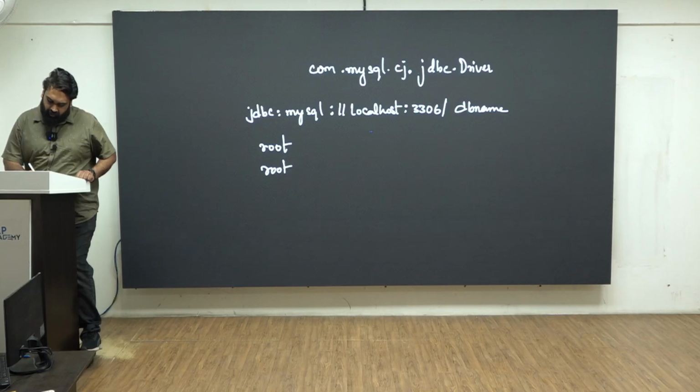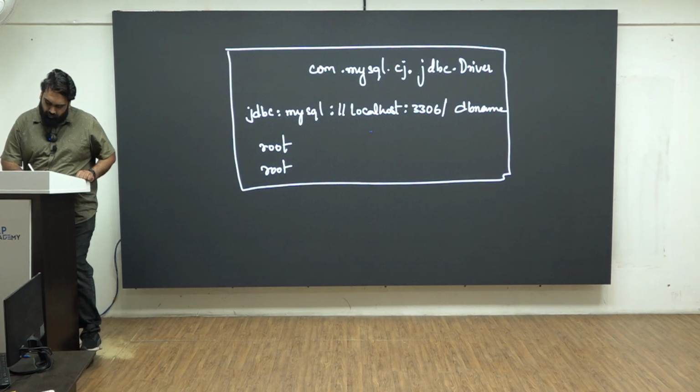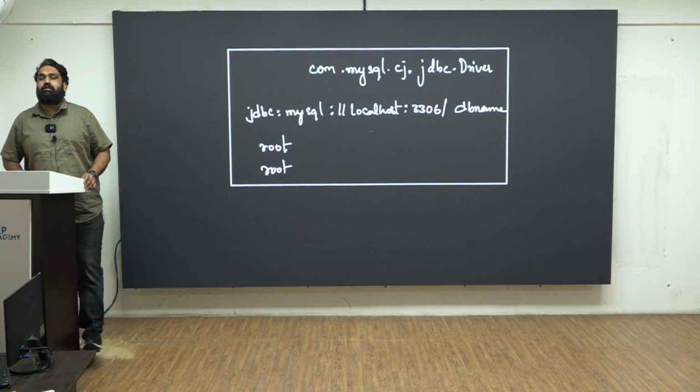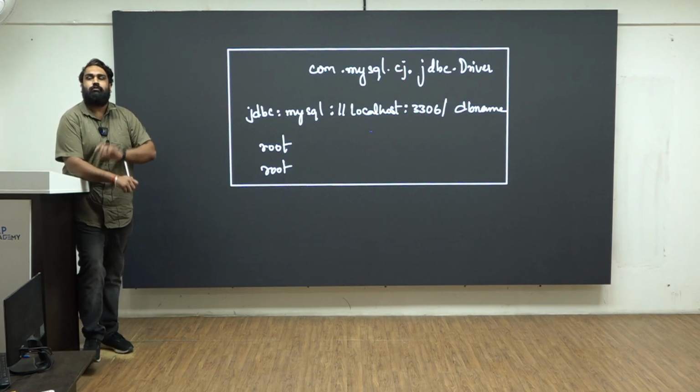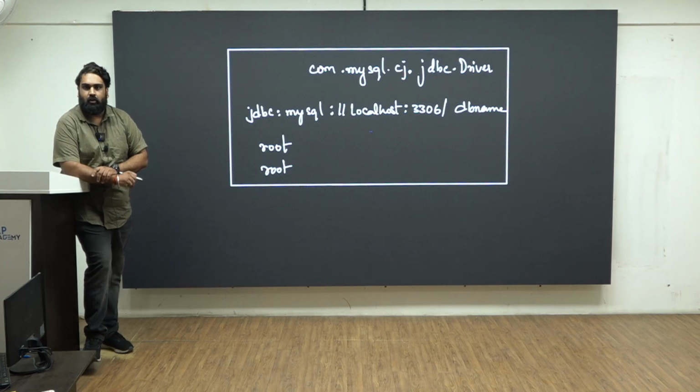So in Hibernate also I will need all of this. But the way in which I would have written this, I will call it a configuration file. What do you mean by configuration file, sir?